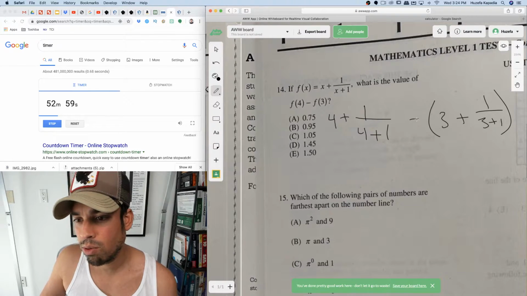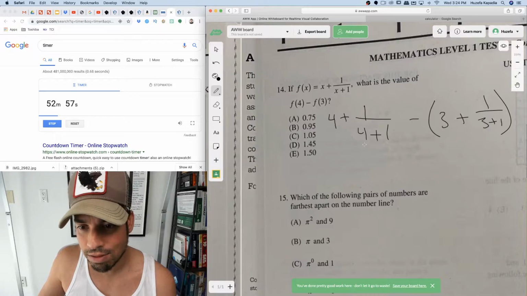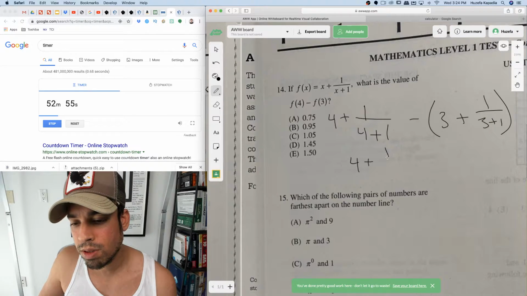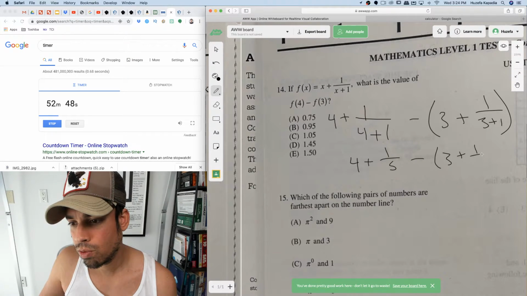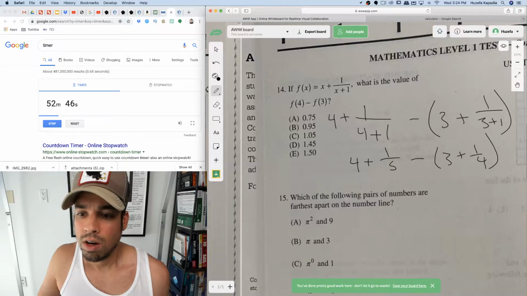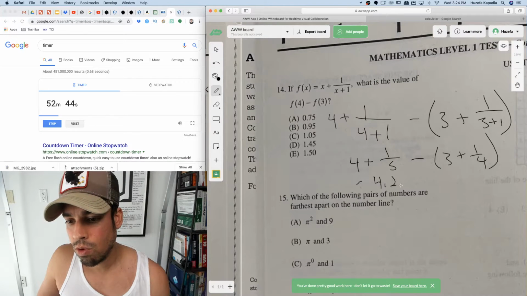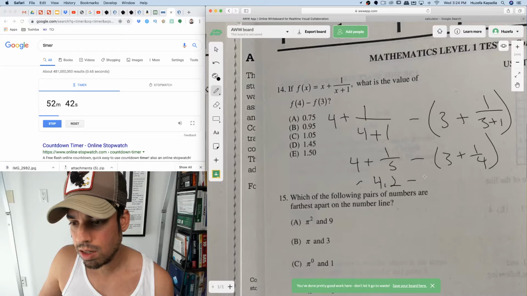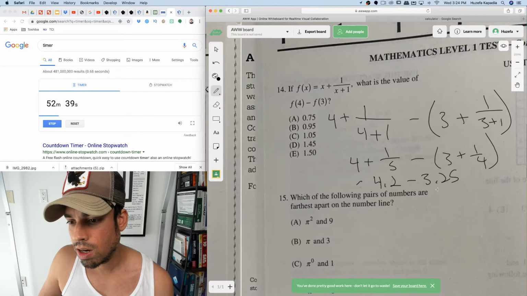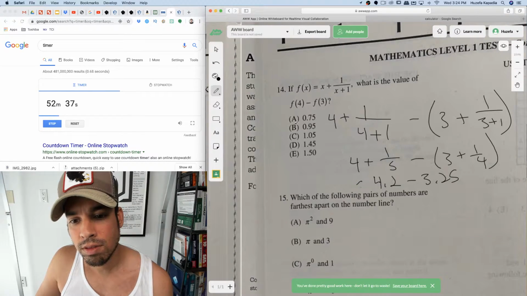Notice the importance of placing the parentheses here because we're subtracting that entire function. So this is 4 plus 1/5 minus 3 plus 1/4. And this becomes 4.2, since 1/5 is 0.2, minus 3.25, so it's 0.95.